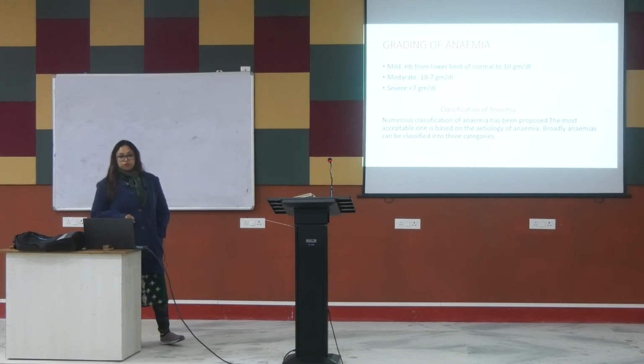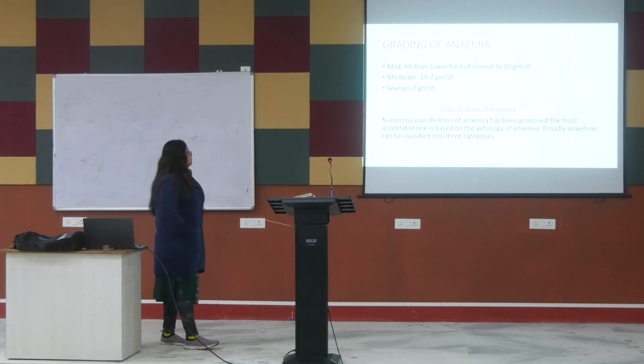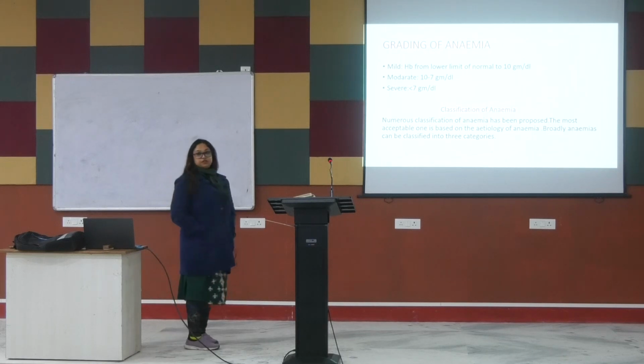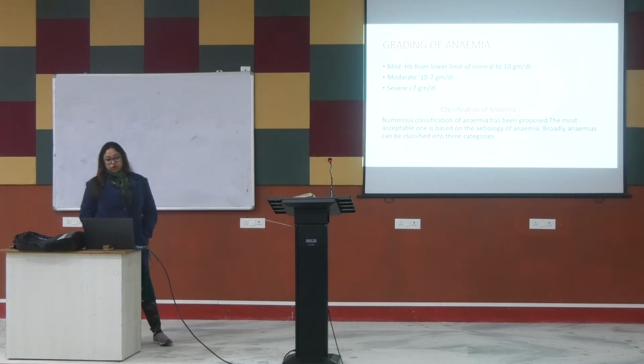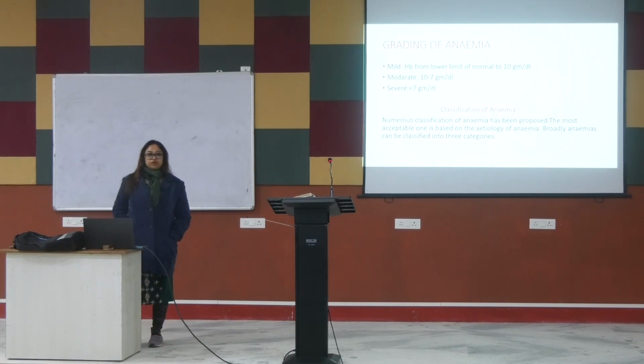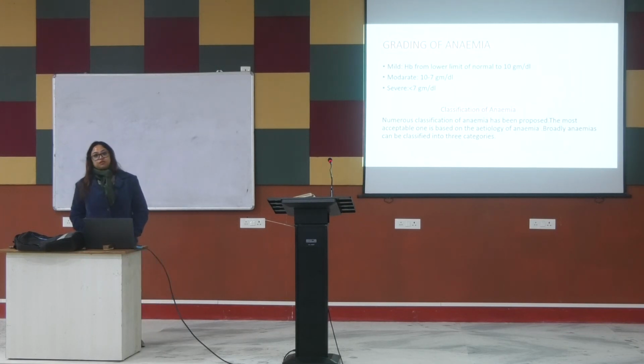Next, coming to the moderate. Moderate is 10 to 7 gram per deciliter. That is moderate anemia. And we call it severe when it is below 7 gram per deciliter. Up to this is clear to everyone? Is there any confusion? If there is any confusion, please ask me after the class.